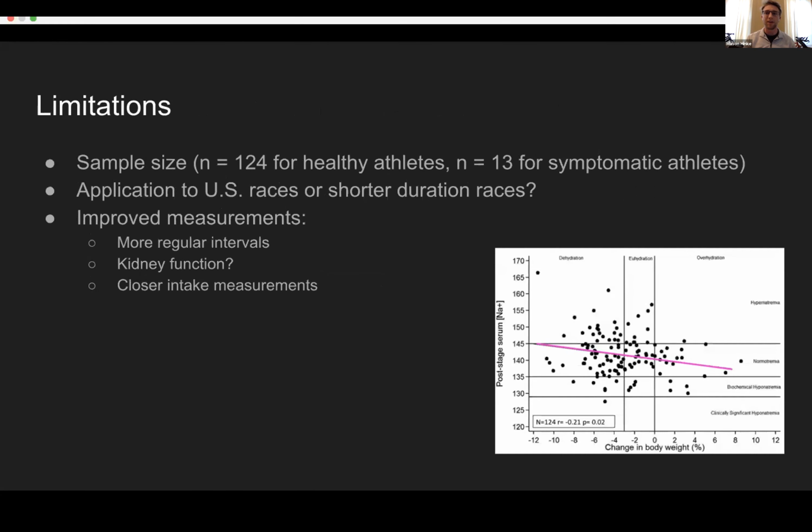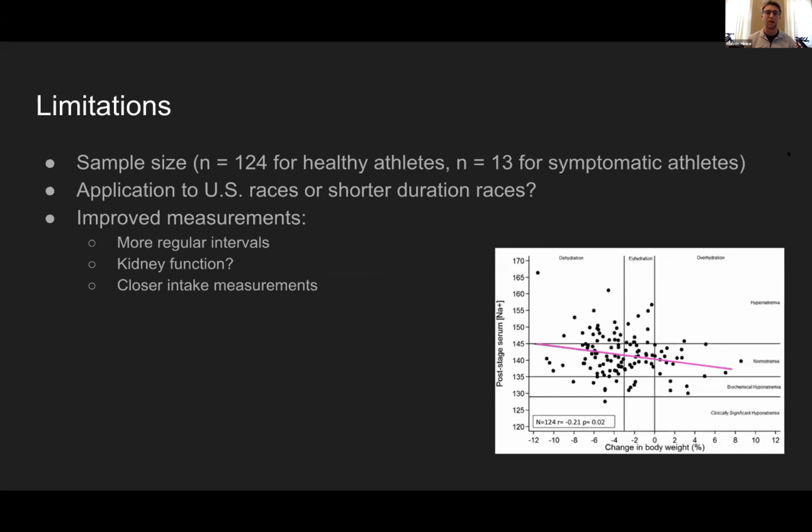So some of the limitations that we see with this study, definitely some of the things that I thought about were sample size. We have an N of 124, which is on the smaller side compared to most studies. And then we also only have an N of 13 for symptomatic athletes.